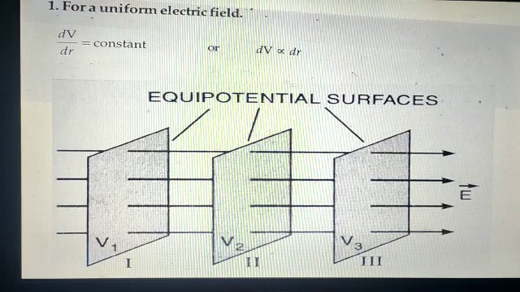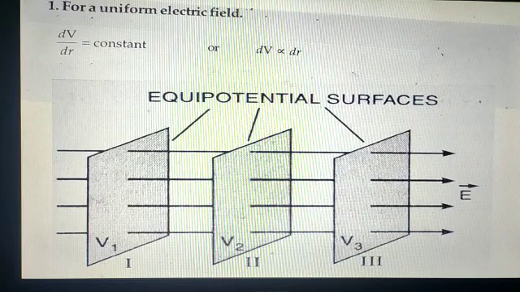It means if the difference between V2 and V1 is same as V3 and V2, then the distance between these two pairs will be exactly the same.